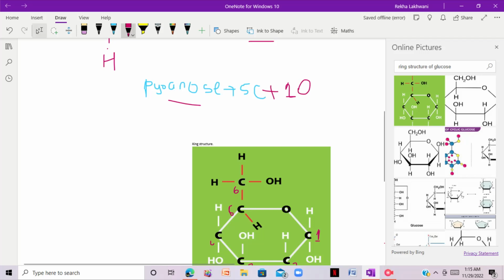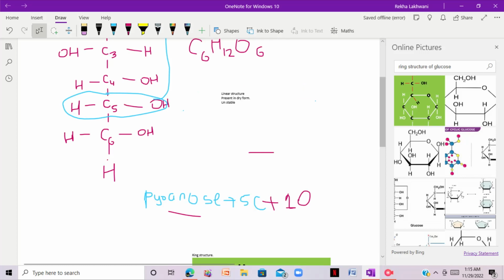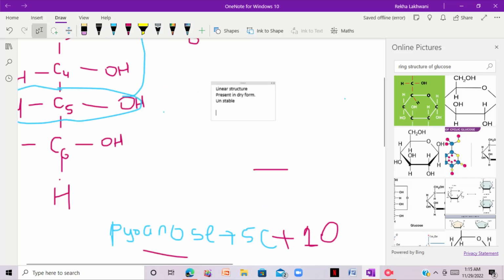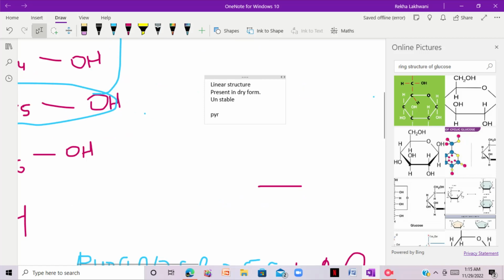So this glucose is a ring, right? Over here 1 oxygen is there, carbon 1, carbon 2, carbon 3, carbon 4 and carbon 5.